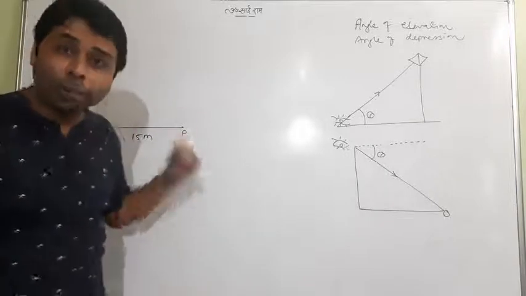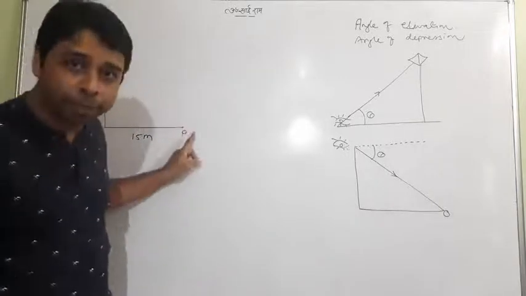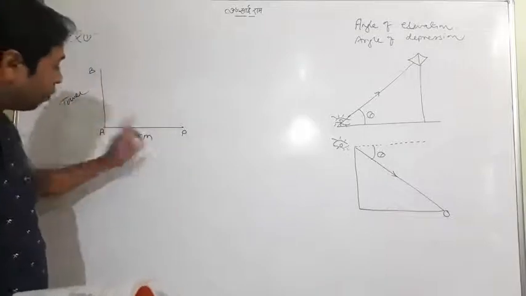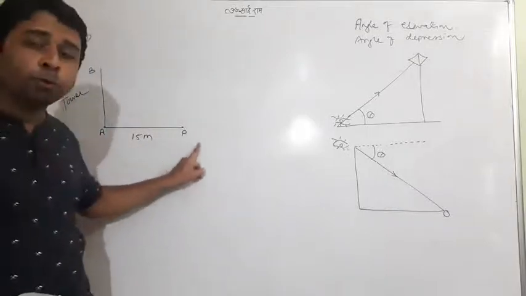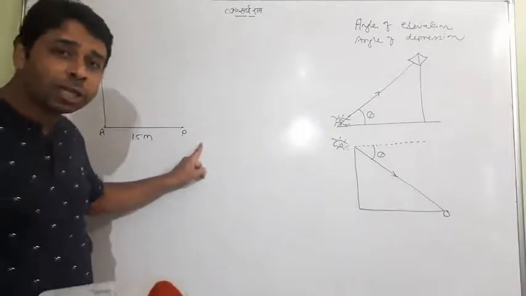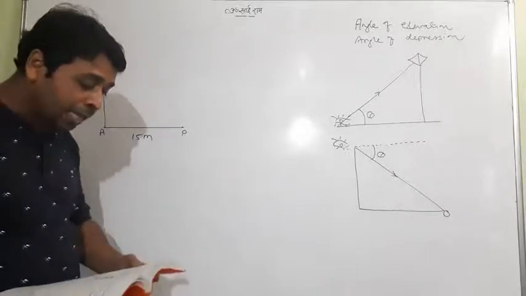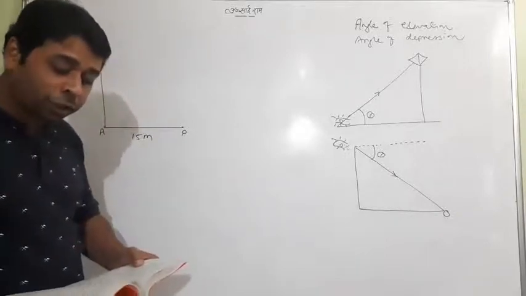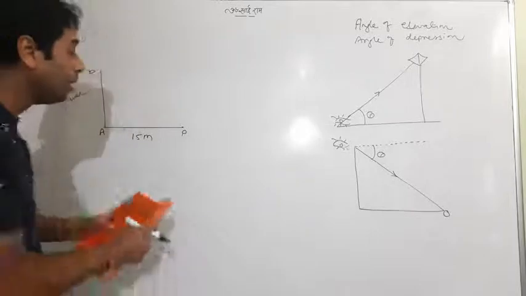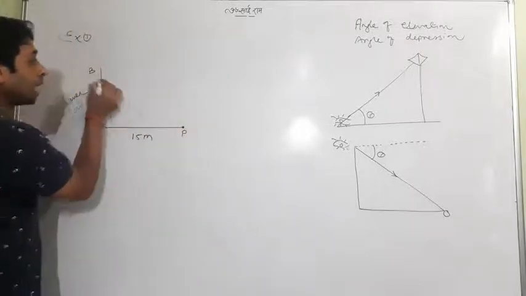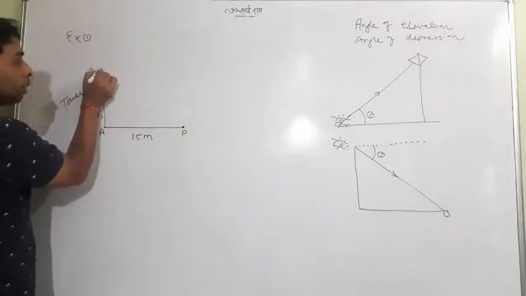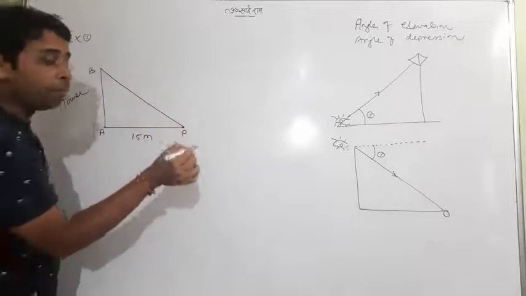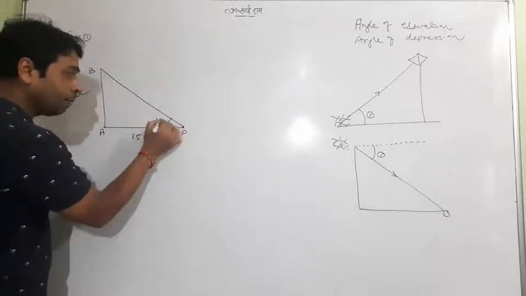So from a point P, the angle forms at P. From a point P which is 15 meters away from the foot of the tower, the angle of elevation of the top of the tower is 60, meaning this angle becomes 60.